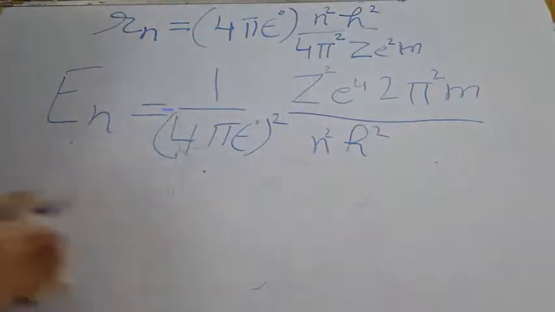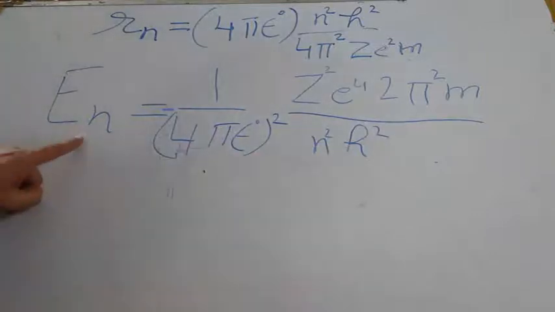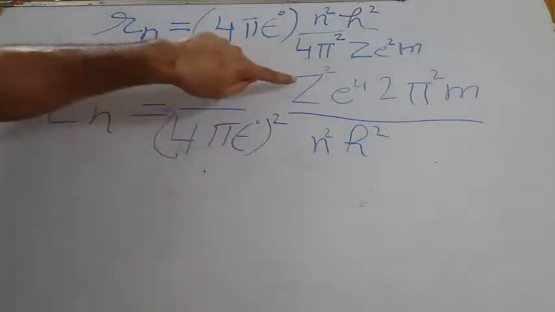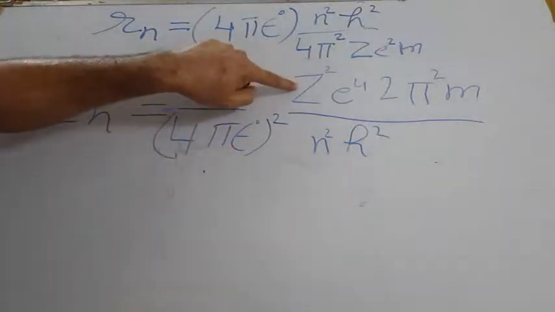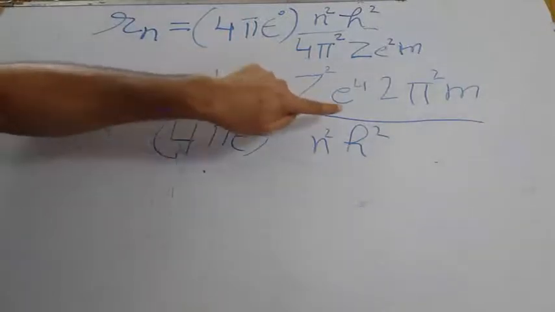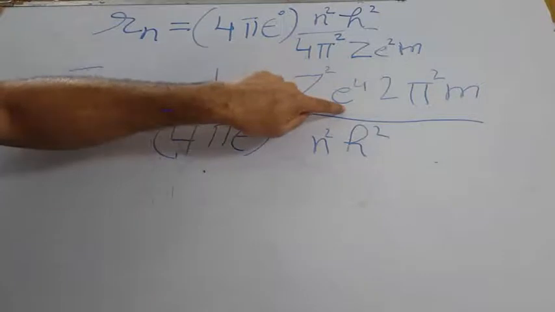Here we have got the equation for the energy of the electron in the nth orbit. We know the value of 4 pi epsilon 0. We know the value of Z, the atomic number of the atom, e, the charge on one electron or proton.